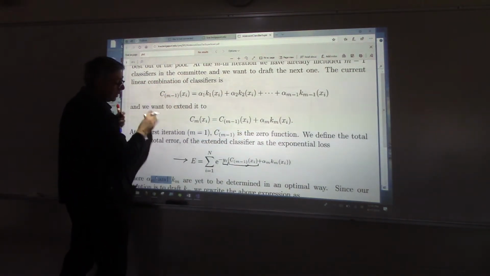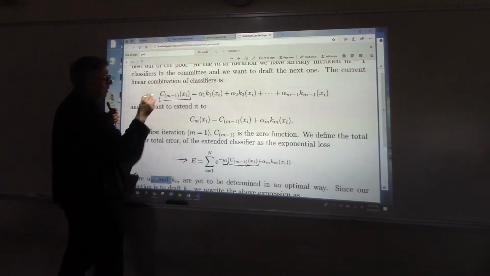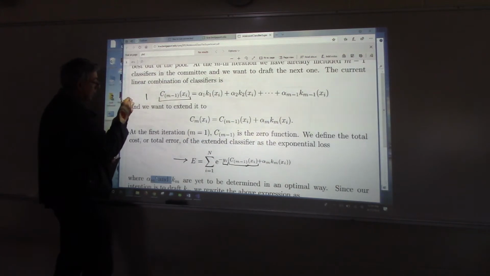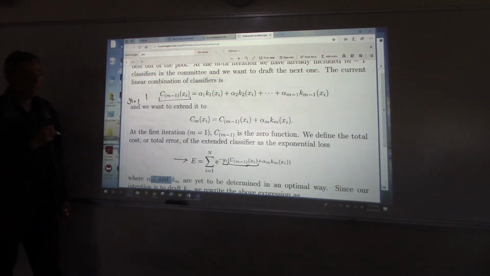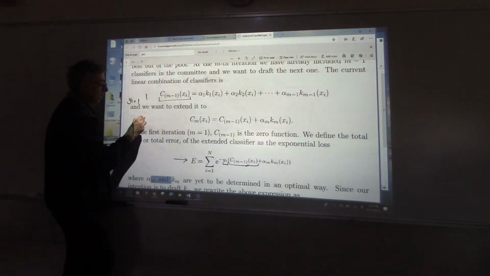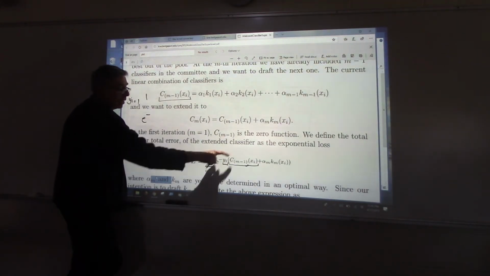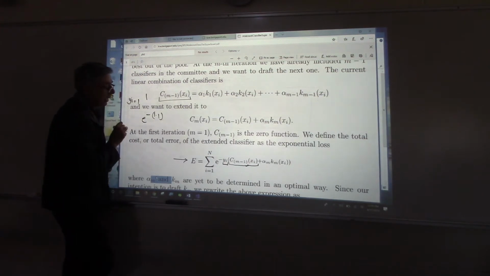Suppose this one produces an answer, let's say 1, and the expected output is also 1 for this particular input. Then what will this term produce? E to the minus, expected is 1, times 1. 1 times 1, right?